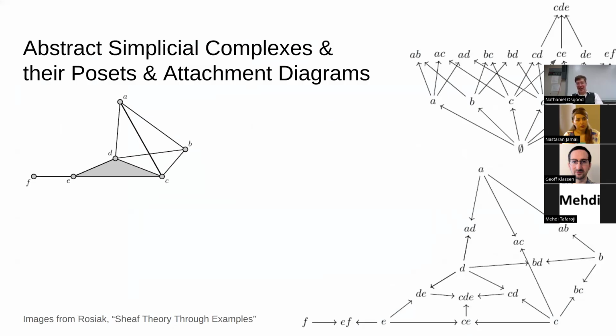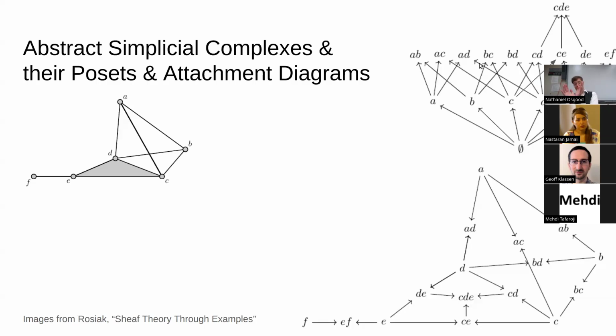Well, okay. So it has this edge. But what else is there besides these one simplices, AC, CD, CE? CDE, right? So its upset includes that.